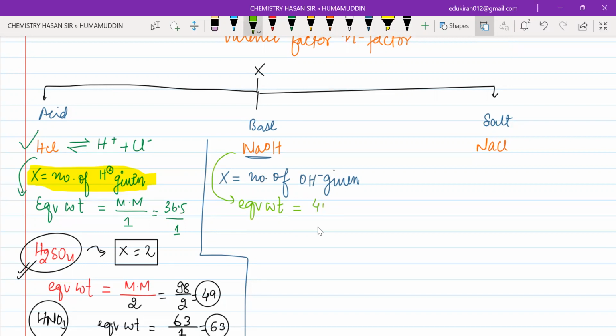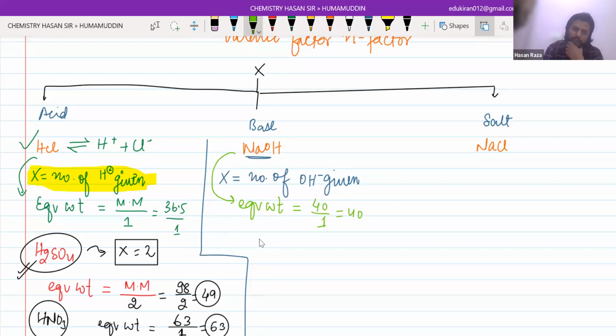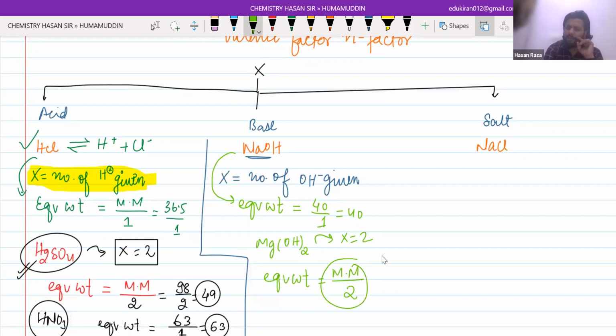Very good. 40 upon 1, it will be 40. Now, if it is Mg(OH)2, you can see it is twice. That means it will give 2 OH minus. So the value of X is equal to 2. The equivalent weight will be molar mass upon X, that is 2, and you can easily calculate the molar mass of Mg(OH)2, right?